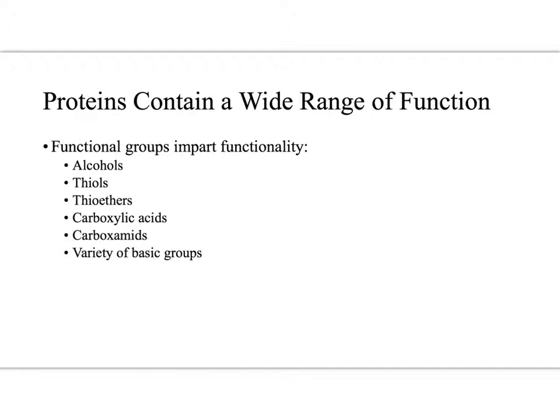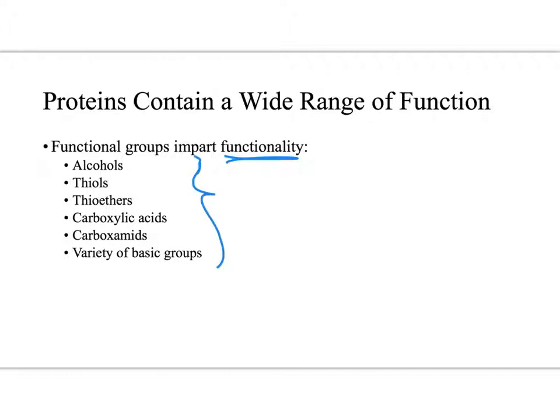So we've mentioned these different side chains, these different amino acids which make up proteins, and we've talked about how they're really going to give some functionality here. And these functional groups, which impart that functionality or allow for different types of interactions, include the following molecules.